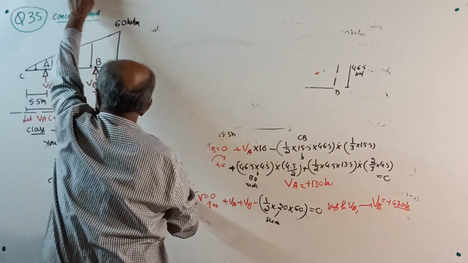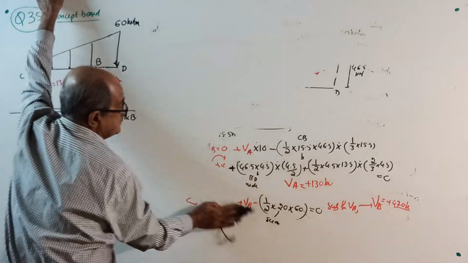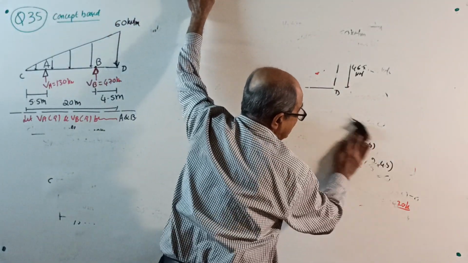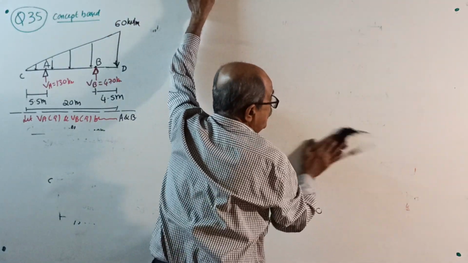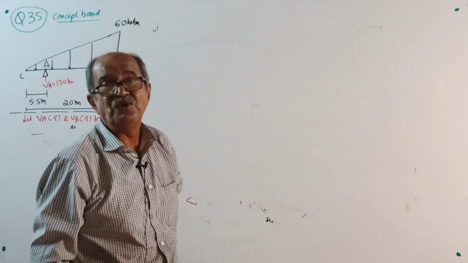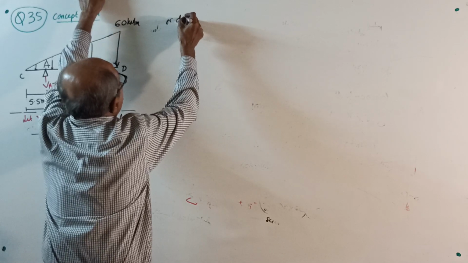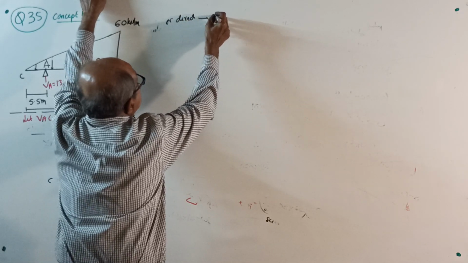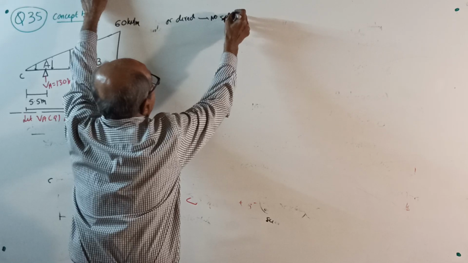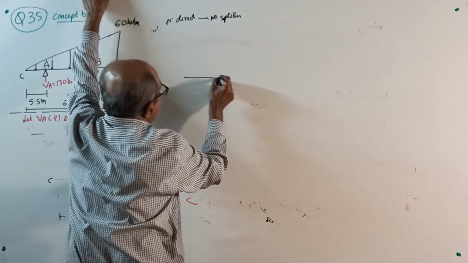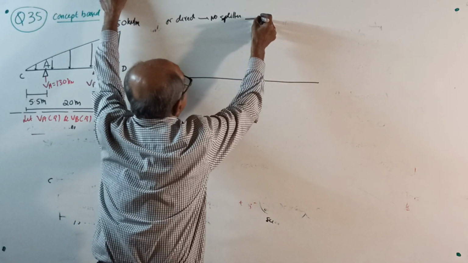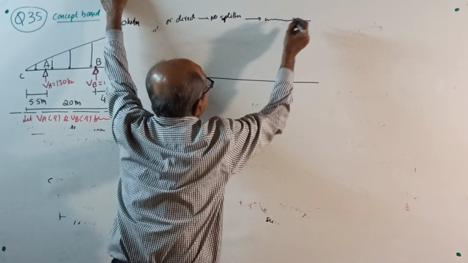Actually, splitting the UDL is an unnecessary complication. See, for UDL, splitting helps you, but for UVL, go directly with no splitting. Then see, within no time, the solution is over, very fast.